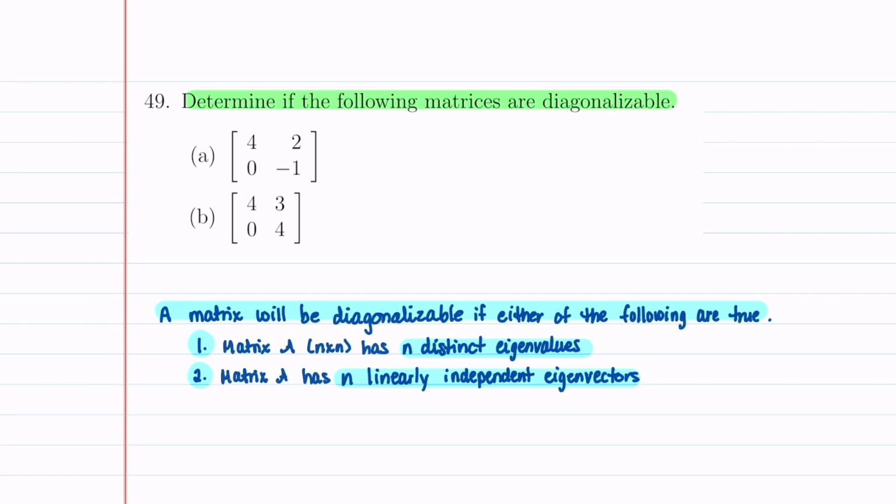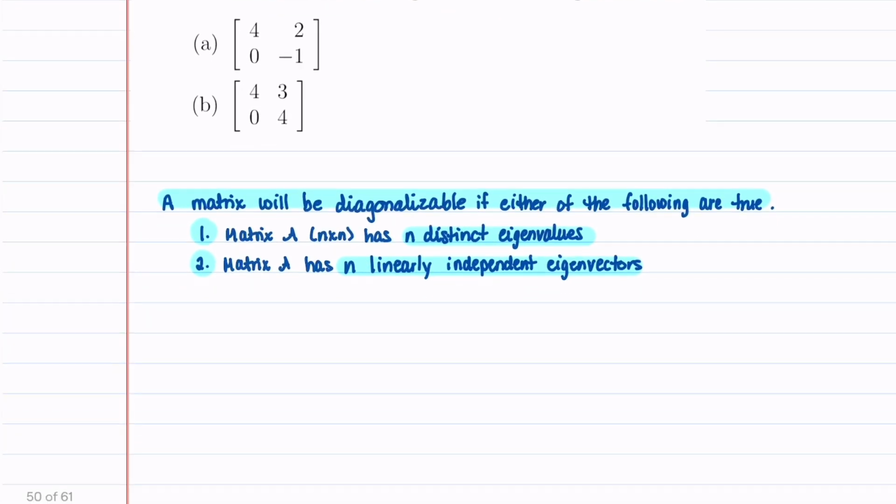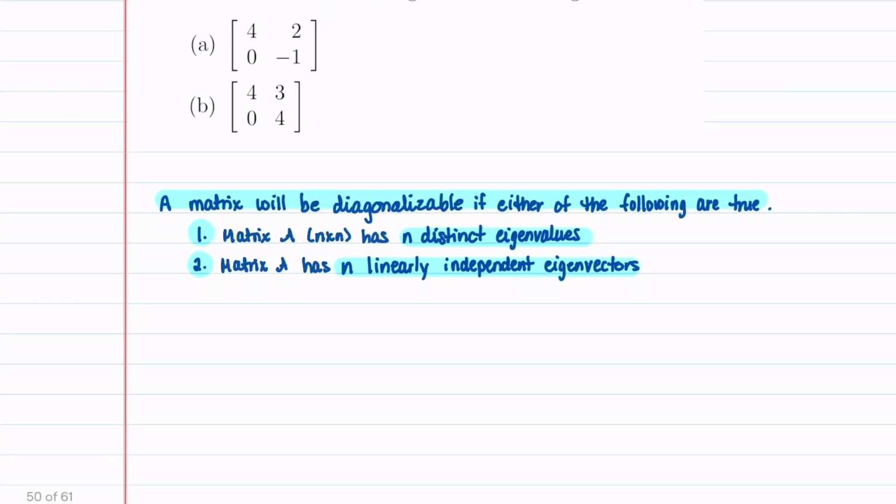Let's go ahead and look at our first example. I'm going to write down that our matrix is equal to 4, 2, 0, minus 1. Notice that this matrix is an upper triangular matrix.